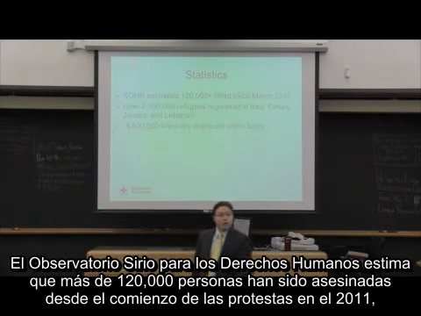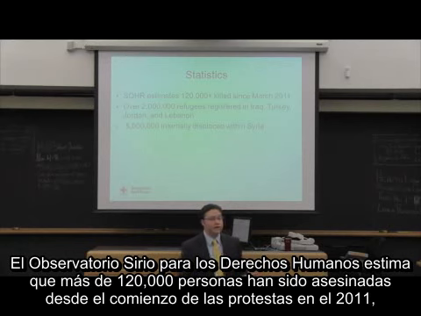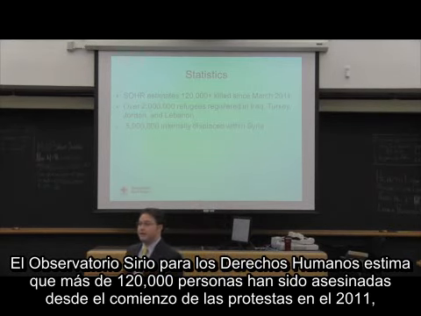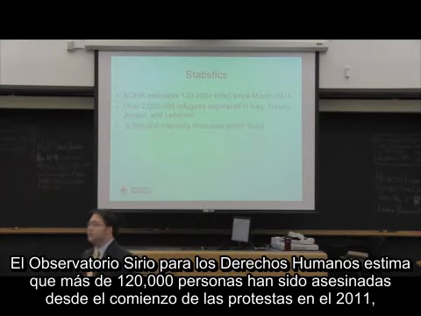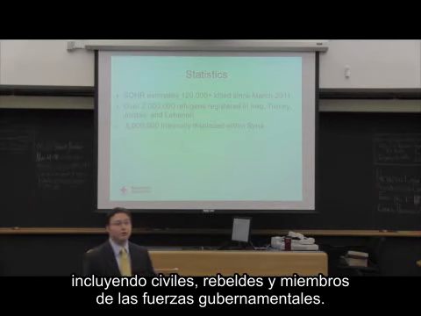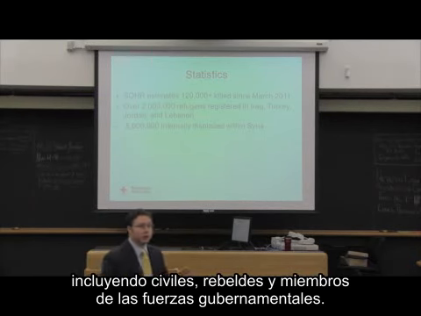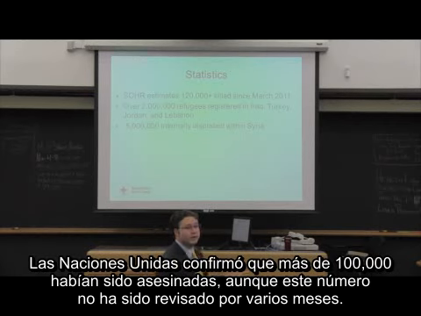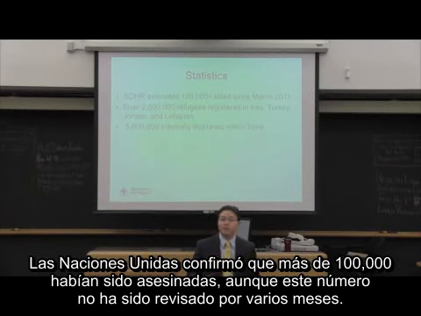Since the beginning of protests back in March of 2011, the Syrian Observatory for Human Rights estimates that over 120,000 individuals have been killed. These are civilians, these are rebels, but these are also members of government forces. The UN confirms this. They say 100,000, but that number hasn't been revised for a number of months now.